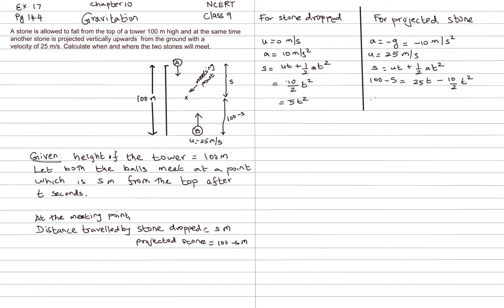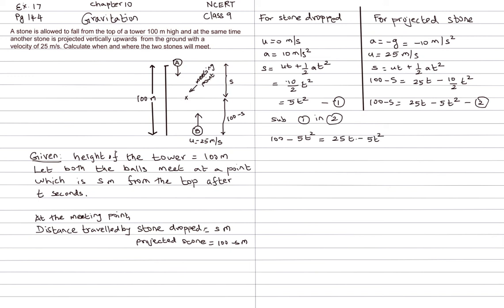So 100 minus S is equal to 25t minus 5t square. Let us call the first one equation 1 and this equation 2. Substituting equation 1 into equation 2, instead of S let us put 5t square: 100 minus 5t square is equal to 25t minus 5t square.